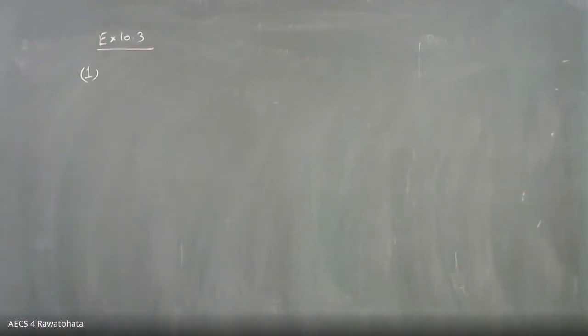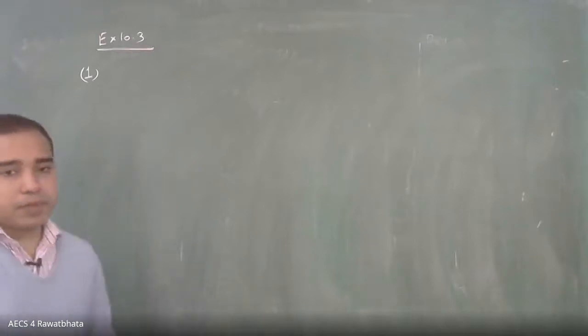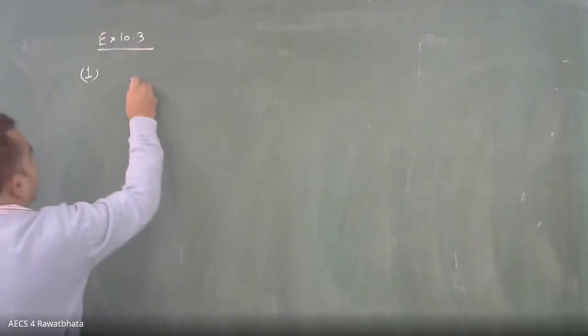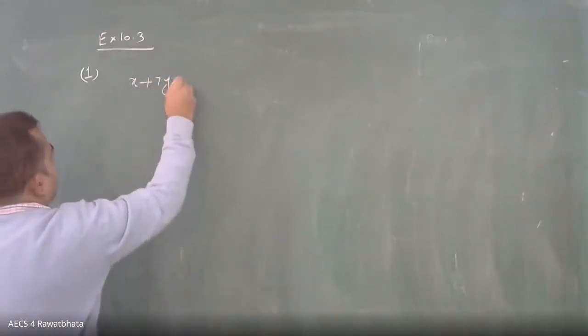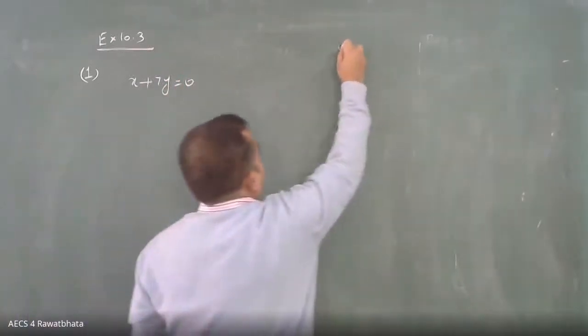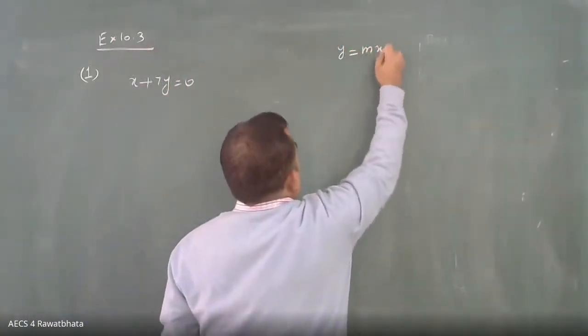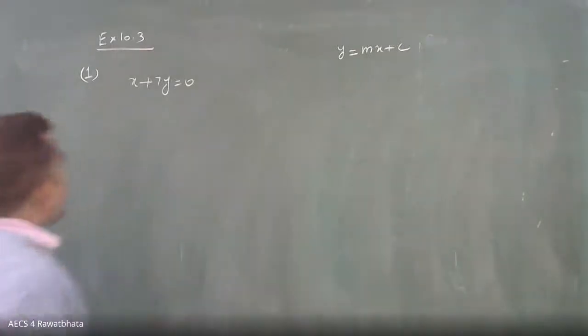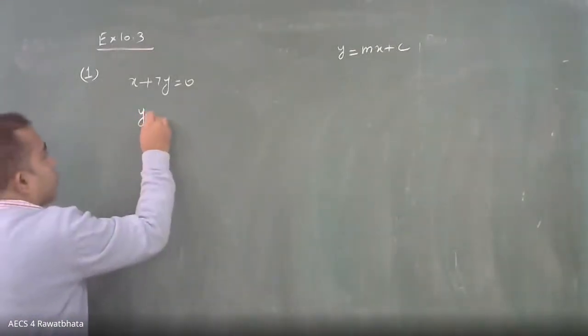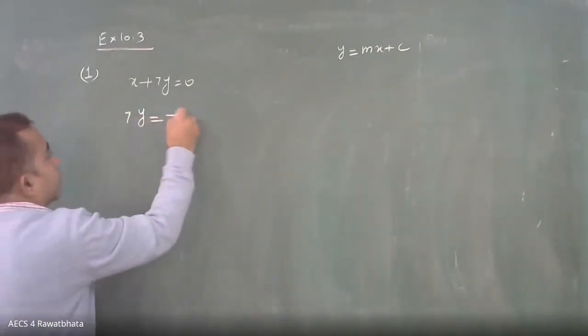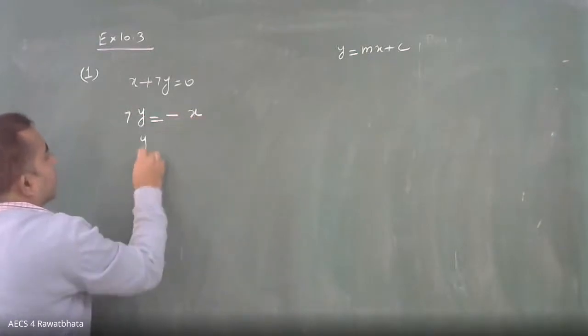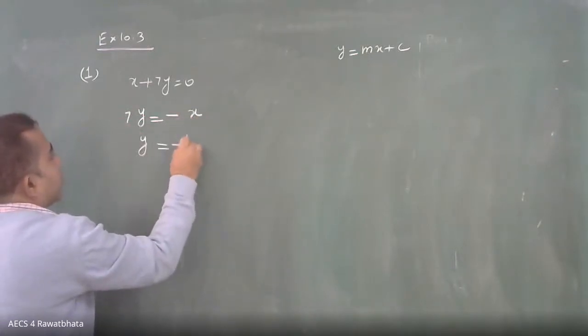So slope intercept form is the y equal to mx plus c form. This means you take the x term to the other side and make the y multiplier 1.